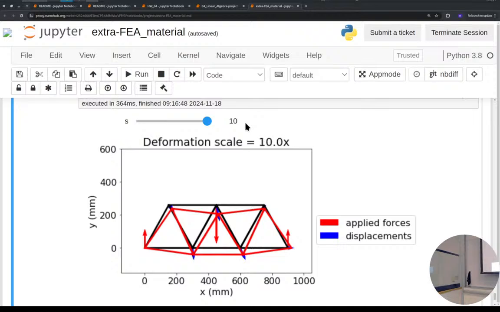That one is only plotting. Yeah, they have that. Oh, I don't know why.